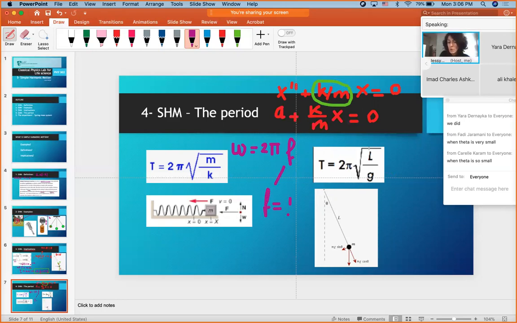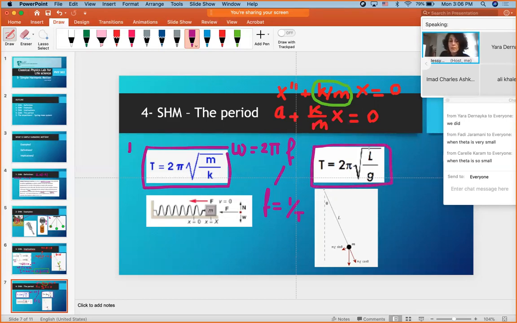So if you know for a fact that whatever you have here is the square of the angular frequency, you can easily find the frequency and then the period. This is what I get for a spring mass system, and this is what I get for a simple pendulum with an angle less than 10 degrees.